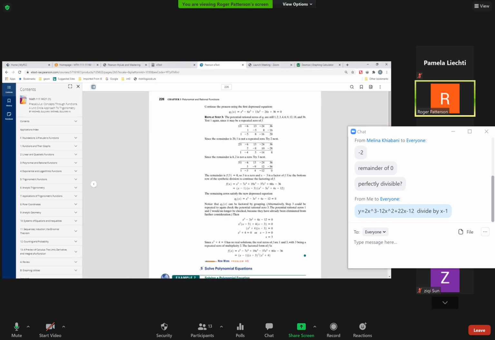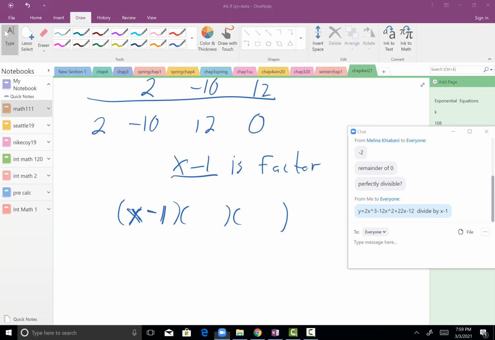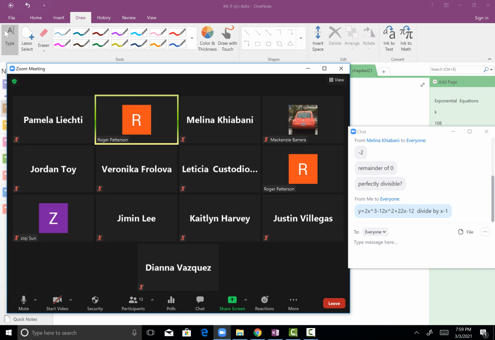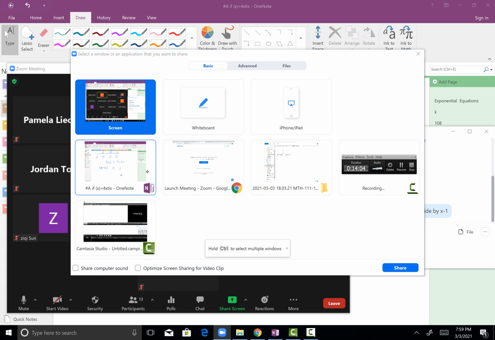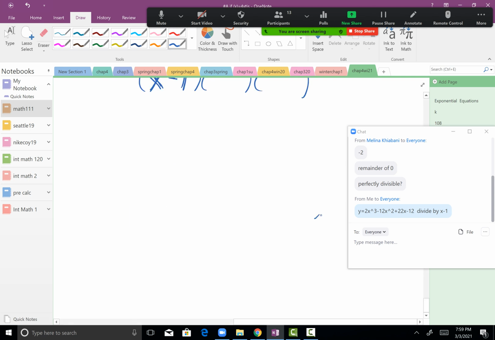Here's synthetic division, by the way. It shows you that in there. Let's do it this way. Okay, I'm going to give you this one.